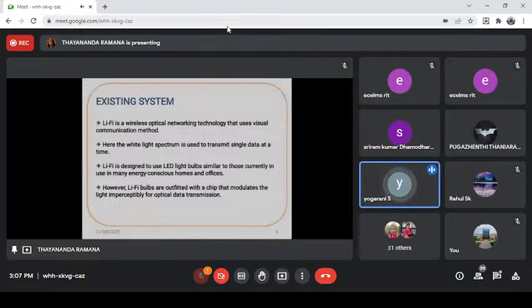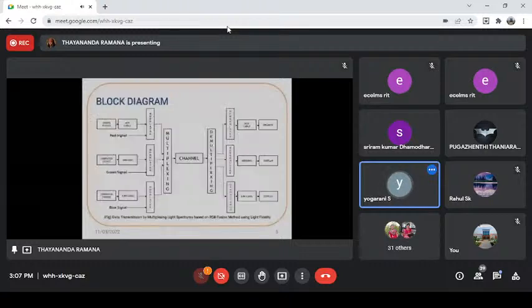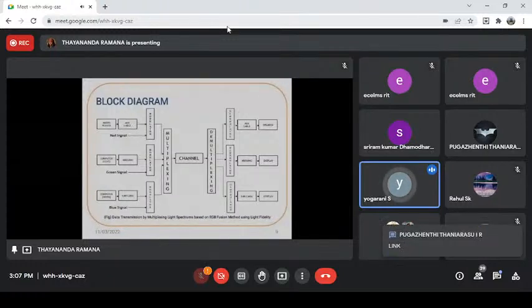Good evening, everyone. I'm going to explain the implementation of the system. This is the block diagram of our system. It shows that different data, different signals, are transmitted through different LED light signals.